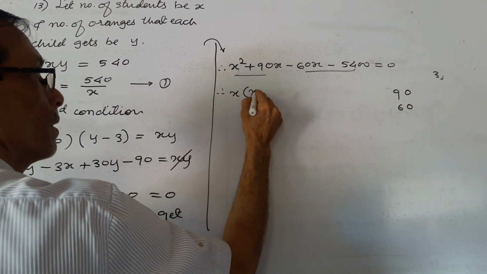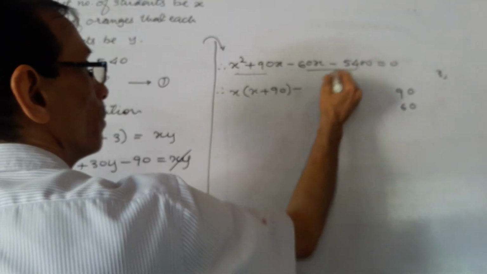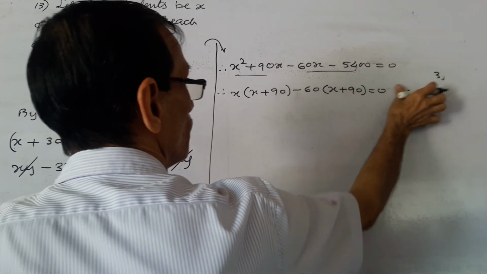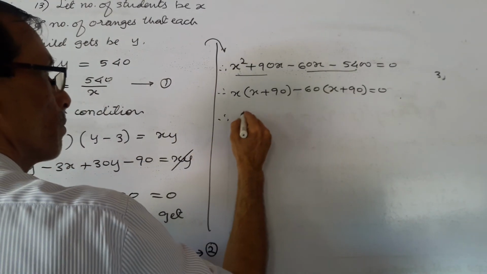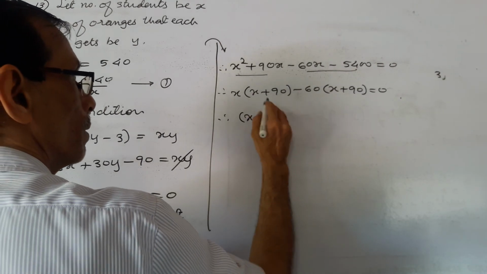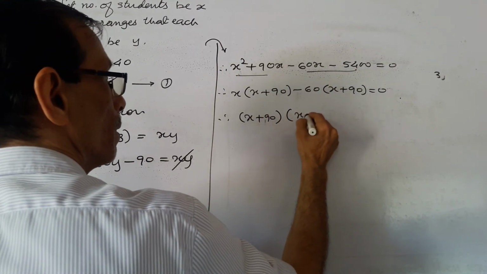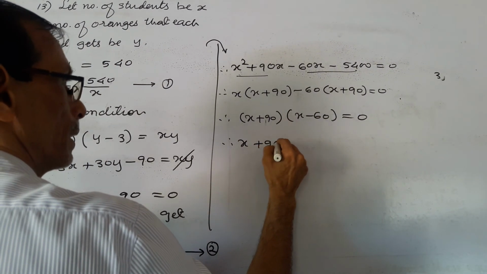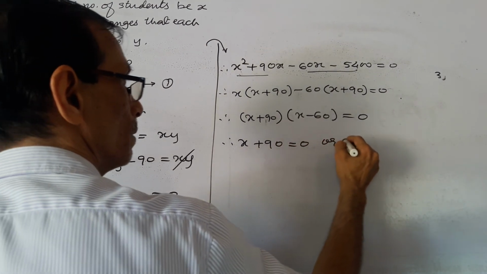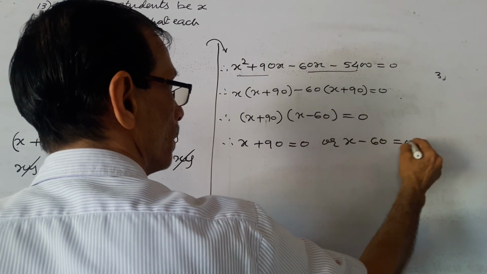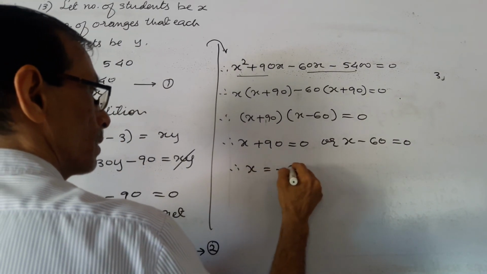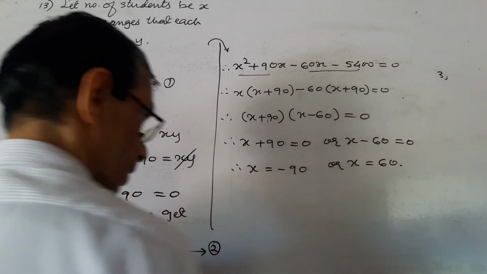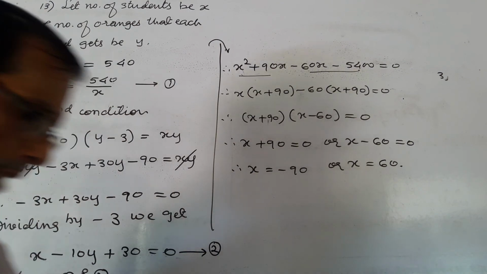First group, x common, x plus 90 remains, minus 60 common, x plus 90 remains, and that equals 0. So x plus 90 is equal to 0, or x minus 60 is equal to 0. So we get two numbers, minus 90 and 60.